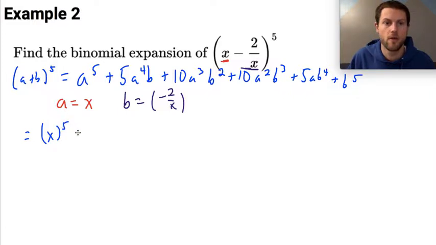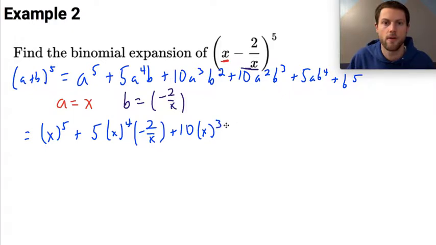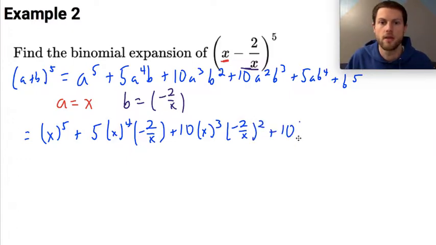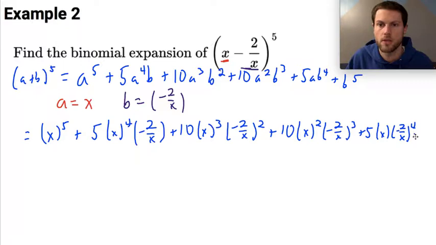So we have x to the fifth plus 5x to the fourth times negative 2 over x, plus 10x to the third times negative 2 over x squared, plus 10 times x squared times negative 2 over x cubed, plus 5 times x times negative 2 over x to the fourth, plus negative 2 over x to the fifth power.